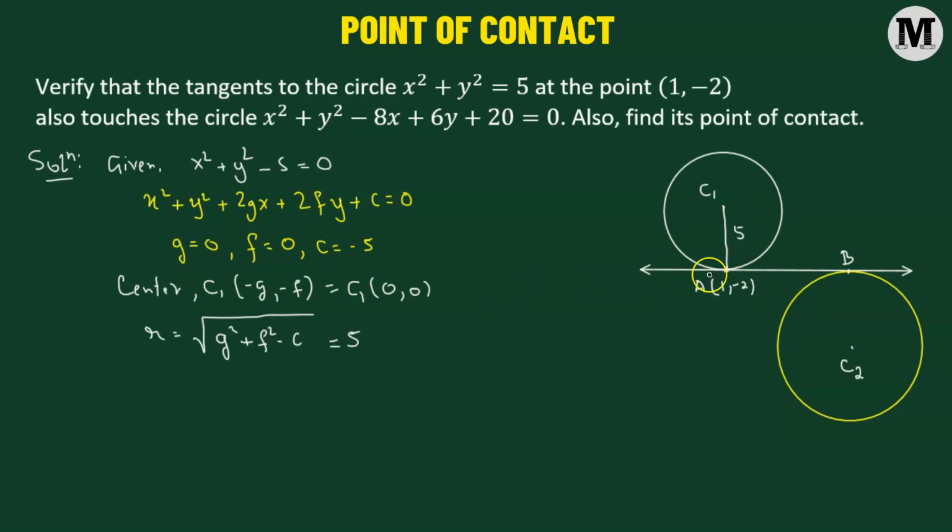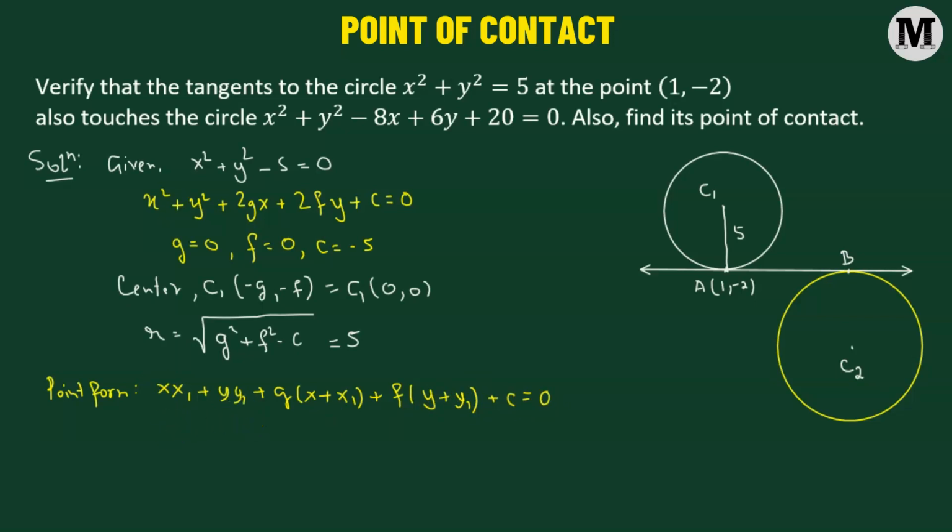Now, how do we find out the equation of the tangent line? Here we will be using the point form. The point form of a tangent line is given by x x1 plus y y1 plus g times (x plus x1) plus f times (y plus y1) plus c equals 0.